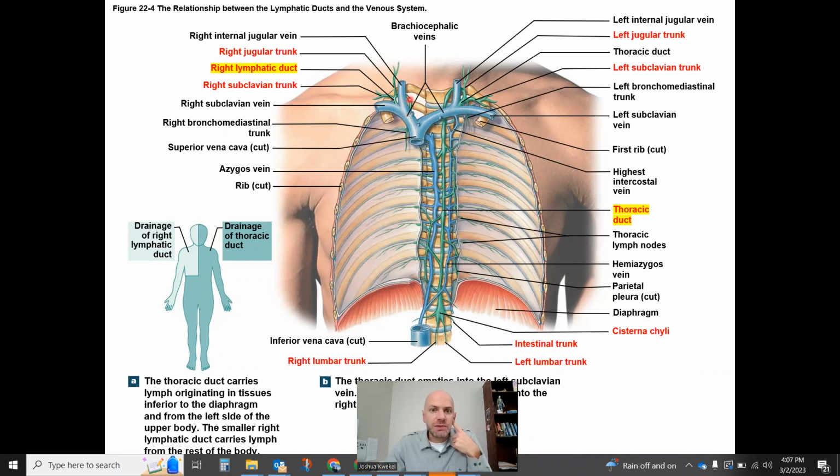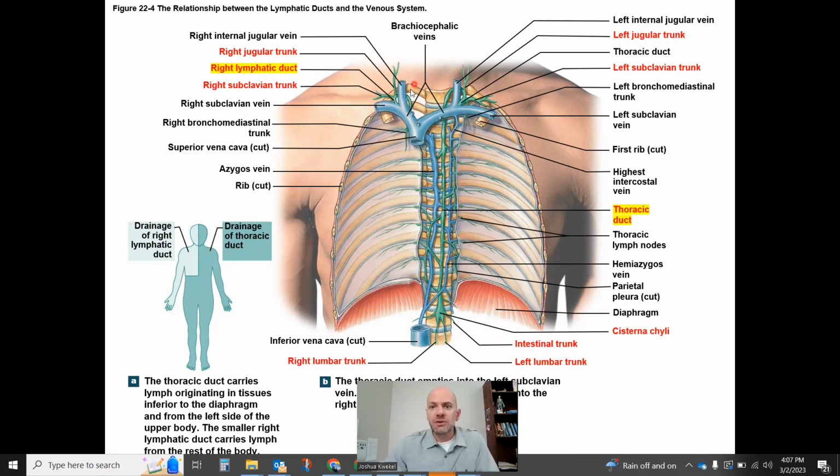Here's this relatively much smaller and shorter right lymphatic duct, okay? And that is draining the right part of the head, the right part of the neck, the right shoulder and torso, and the right arm, okay? It's a very unique distribution pattern, but that all goes into the right lymphatic duct.